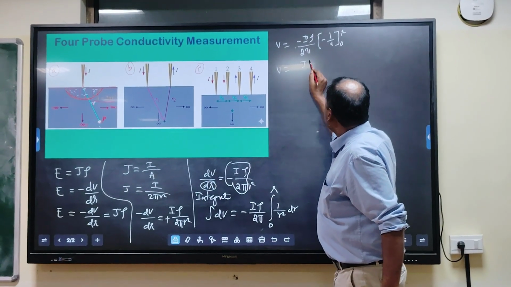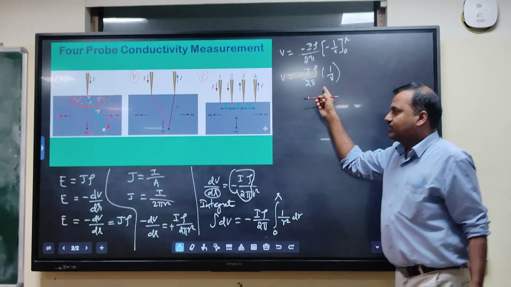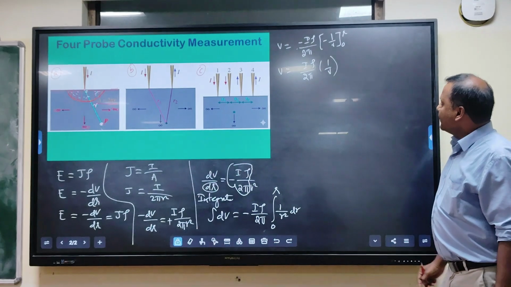Therefore V is I times rho divided by 2 pi into 1 by R. This is the relation that we get.